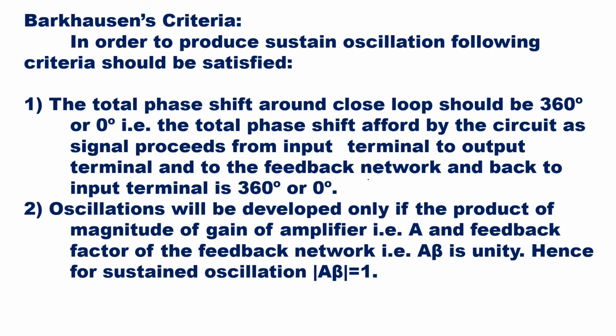And number two, oscillations will be developed only if the product of the magnitude of the gain of the amplifier, that is A, and the feedback factor of the feedback network, that is beta, that is A into beta, is unity. Hence, for sustained oscillations, A into beta should be equal to 1. So these are the conditions given by Barkhausen so that the circuit produces sustained or undamped oscillations.